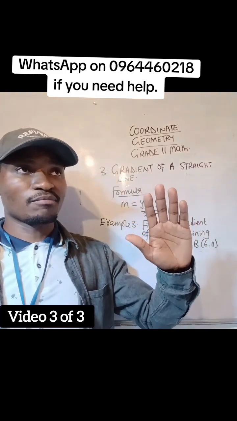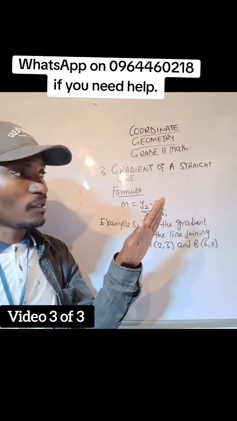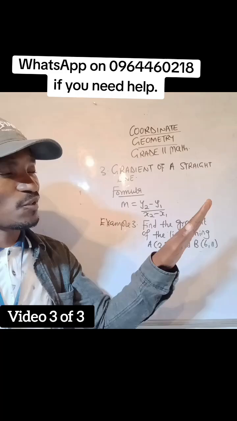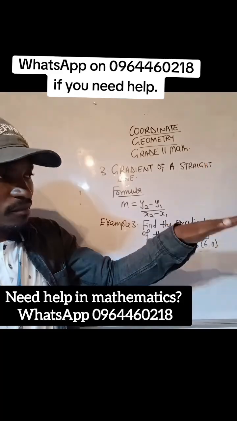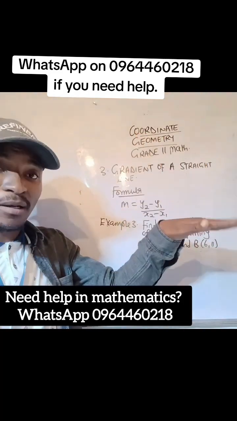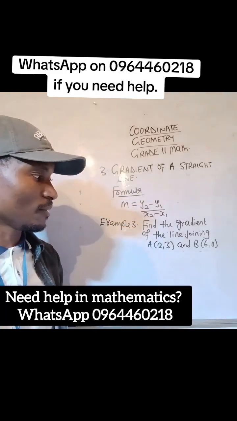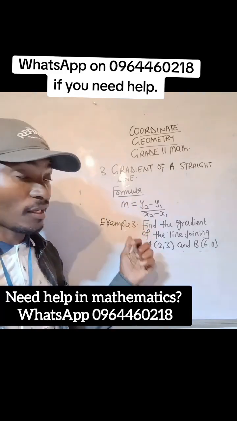When you look at a line going in a direction, you can describe it in terms of slope: is it a low slope or a high slope? So the gradient is just how steep the line is.